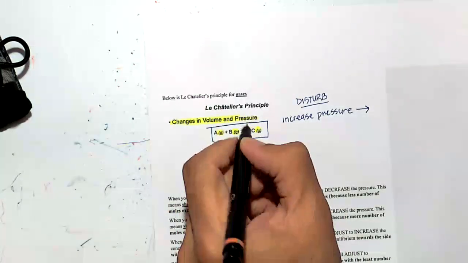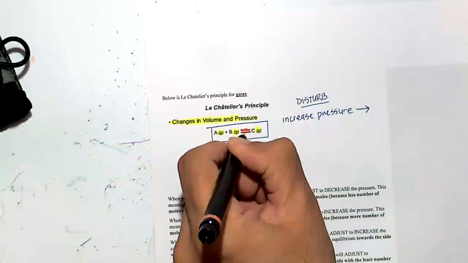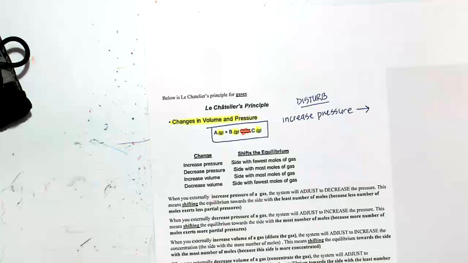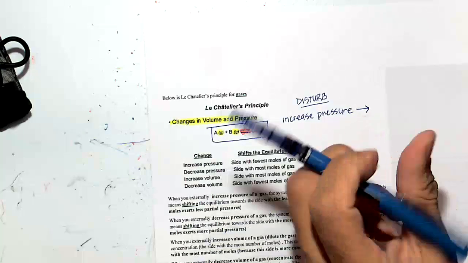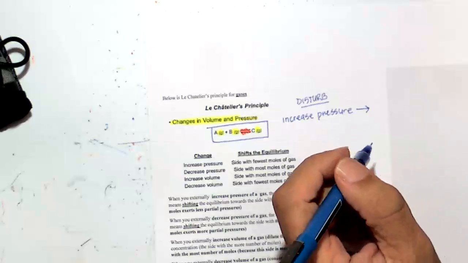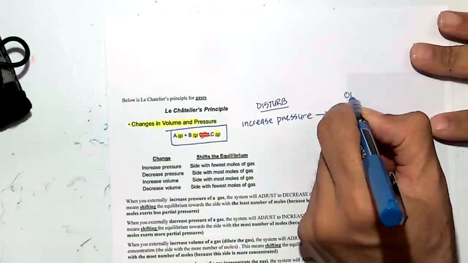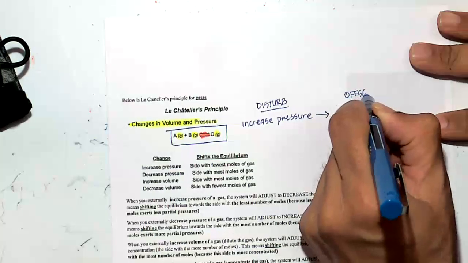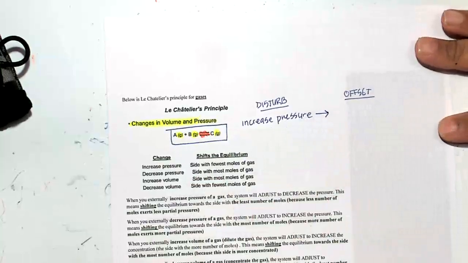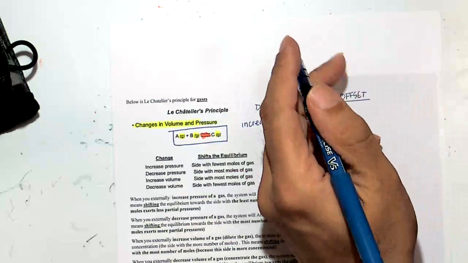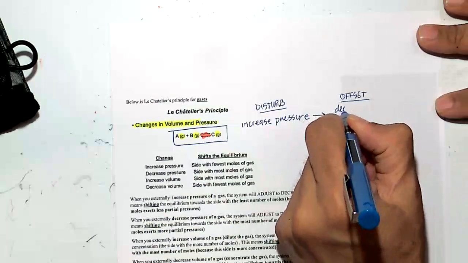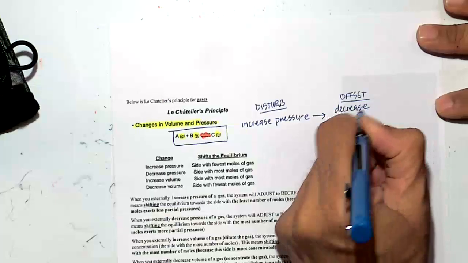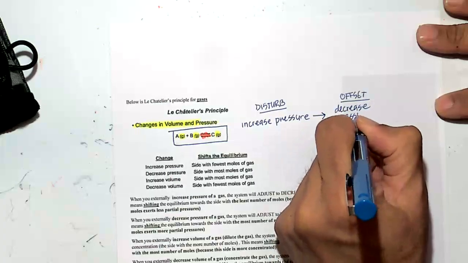Is this an equilibrium? Yes, it's in equilibrium because of the back and forth arrow, right? I'm going to increase the pressure. What's the offset, or the opposite, of increasing pressure? Decreasing pressure.